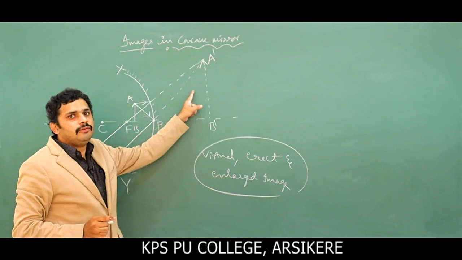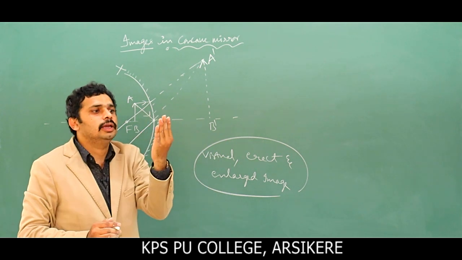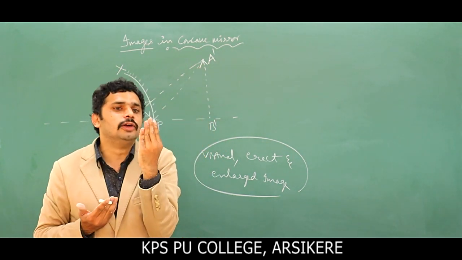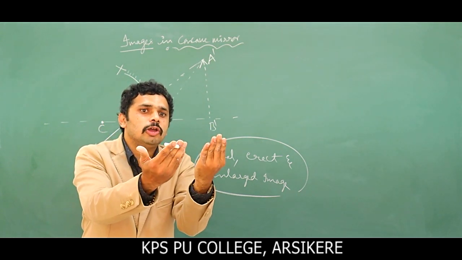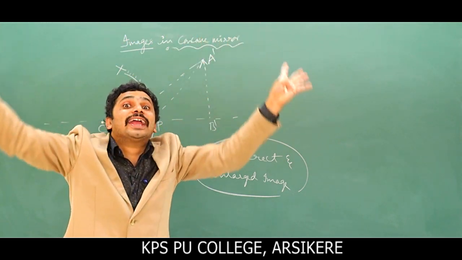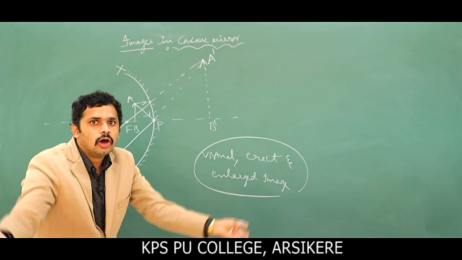Therefore, in shaving mirrors, we are using a concave mirror. While shaving, you have to place the object within the focus, taking the concave mirror very close. That's why you will get the magnified image, this enlarged image.